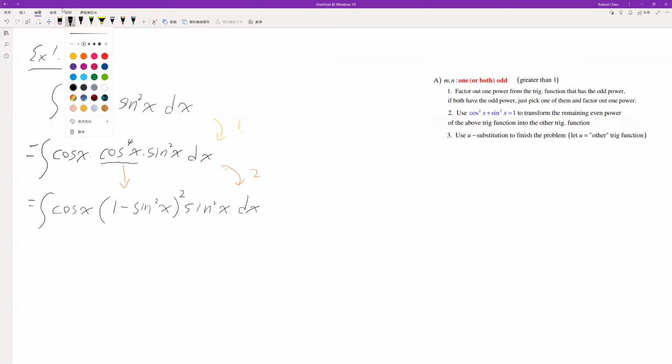Next, we are going to perform U substitution to finish the problem. Basically, all of these are going to be sines, and then we have a cosine right here. So let's see how we can do this.